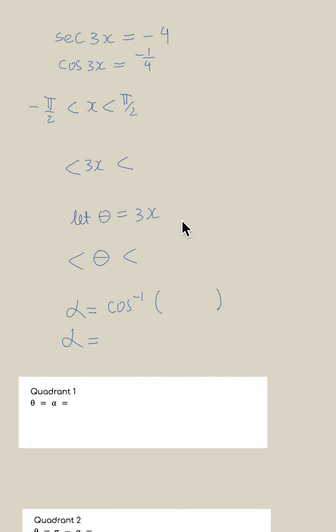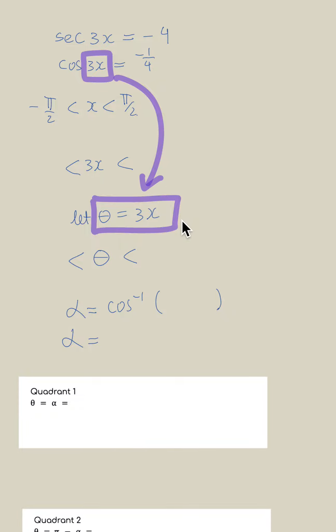Another thing you notice here is that the angle is 3x, not just x. So we might need to do a little bit of substitution to make it simpler for us to calculate. Usually I like to use the variable theta. Let theta equal 3x.